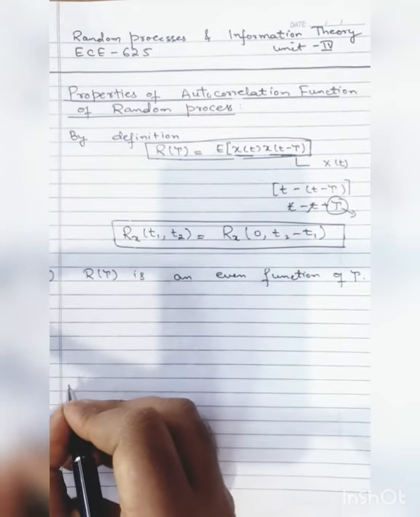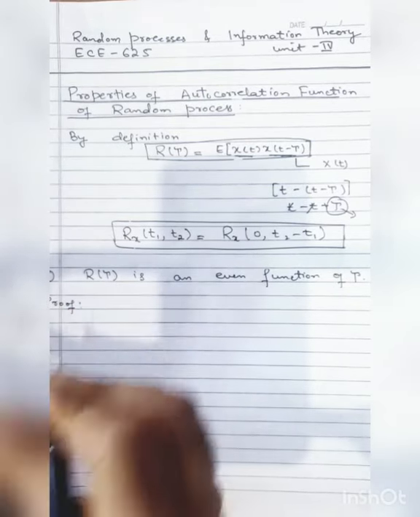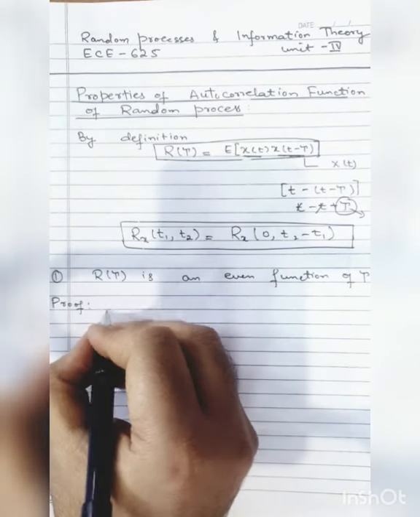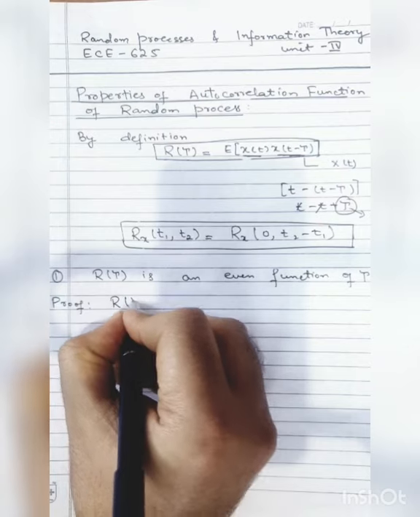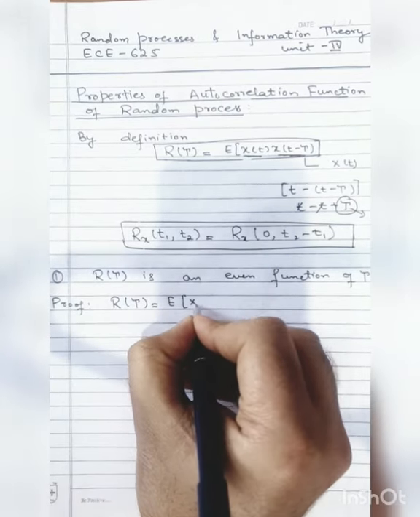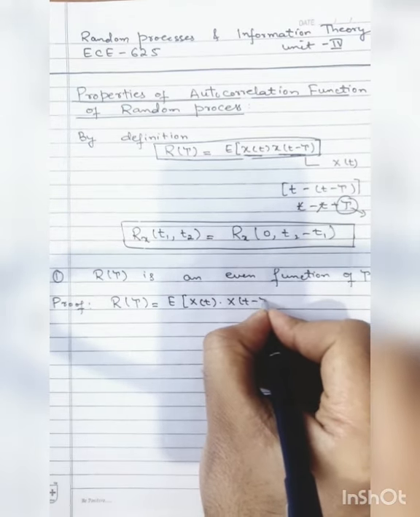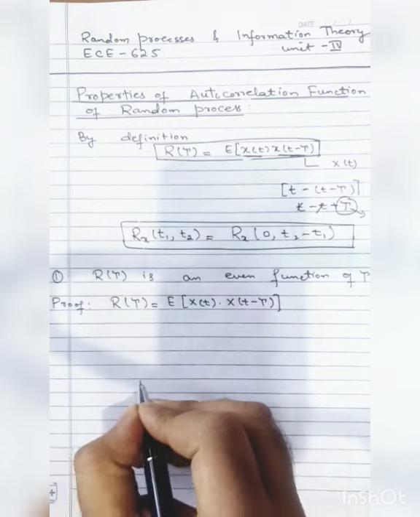Now I will try to prove this property. Starting with the proof, we know that R of tau is equal to E of x of t into x of t minus tau. Got it?